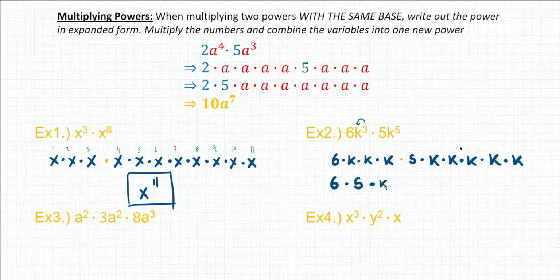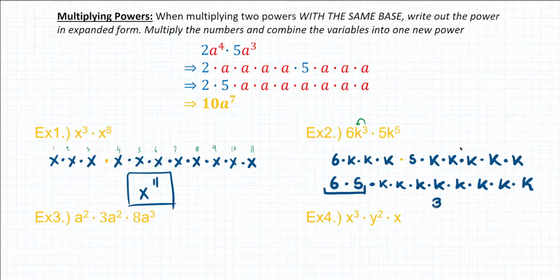So there's 8 k's. And I just counted that, so that makes this really easy, because I'm just going to multiply these guys. 6 times 5 is 30. And there are 8 k's. Let's just double count. 1, 2, 3, 4, 5, 6, 7, 8. Yep, 8 k's. So we get 30 times k to the 8th power. Bam. Straightforward.